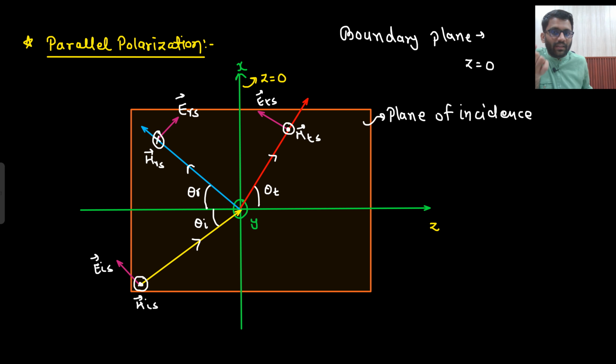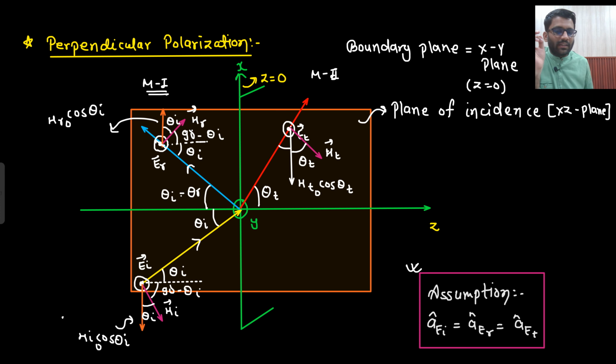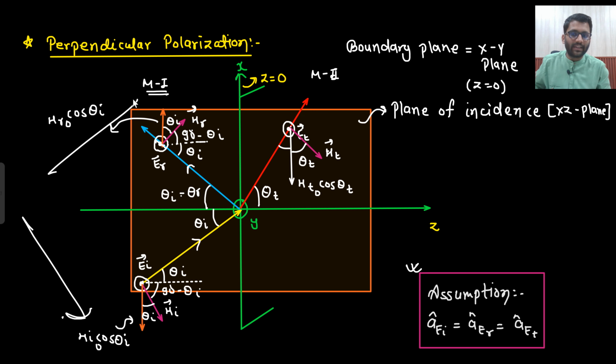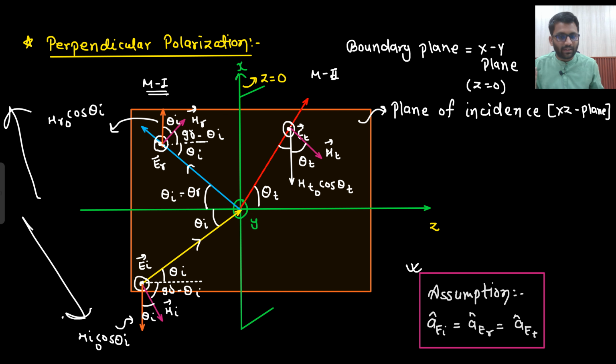What assumption am I making? In this, what was the assumption? That the electric fields are in the same direction. This was the assumption. We were not commenting on the magnetic field. We cannot even comment on the magnetic field because this magnetic field is here, this magnetic field is here. Certainly the directions are not the same, but we cannot even say the directions are opposite. No, the opposite of this direction would be this direction, but the reflected magnetic field is in this direction. So we cannot even say that the directions are opposite. We can just say that the directions are different.